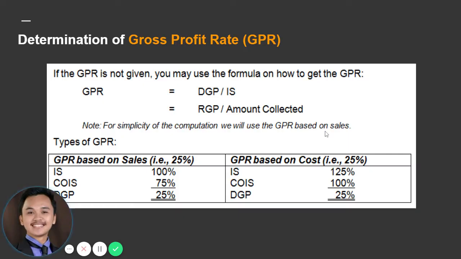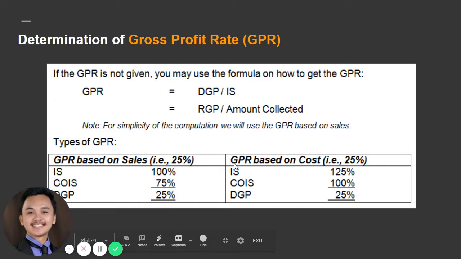But because we have two types of gross profit rates, it's either based on sales or based on cost. Always remember, if it's gross profit based on sales, then installment sales will be 100%. So if it is 25% based on sales, your DGP will be 25% and your installment sales will be 100%.